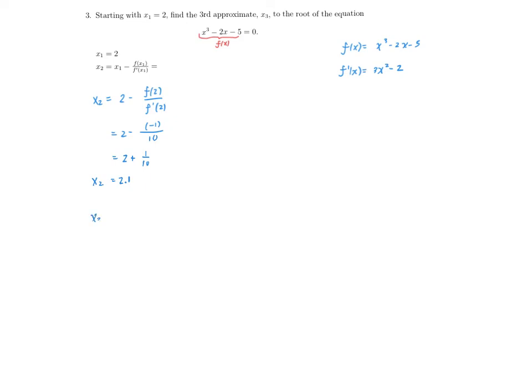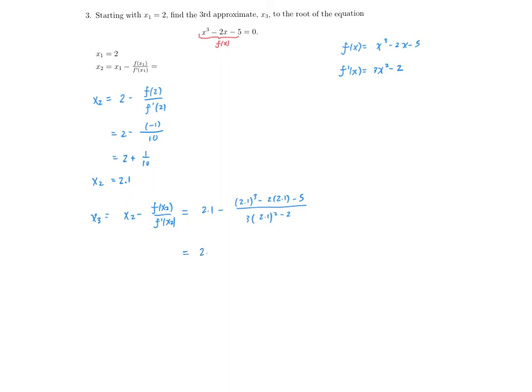Then x3, the quantity that we would like to find, is x2 minus f of x2 all over f prime of x2. So in our case, x2 is 2.1. So f of 2.1 would be 2.1 cubed minus 2 times 2.1 minus 5, all divided by f prime of 2.1, which is once again kind of that type of computation you would want to do in a calculator.